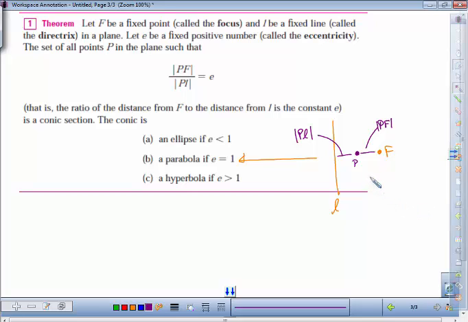And so that means if we pick another point over here, another P, let's call it P1, where we find the distance between P1 and F, and then the distance between P1 and L. And again, if those distances are the same, then this point P1 belongs with our set of points that make this parabola.